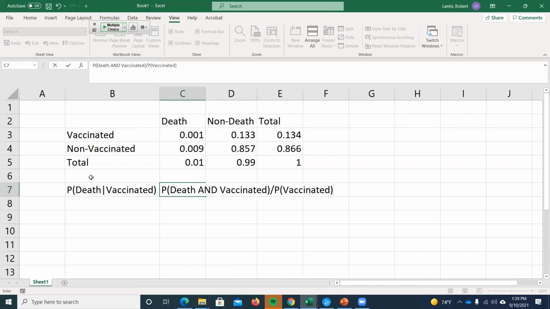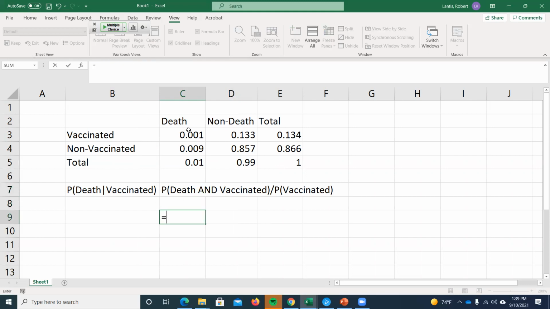If the vaccine has any impact on reducing the severity of COVID, we should see that these are not independent events. Being vaccinated should alter the probability of death overall, which was 0.01.